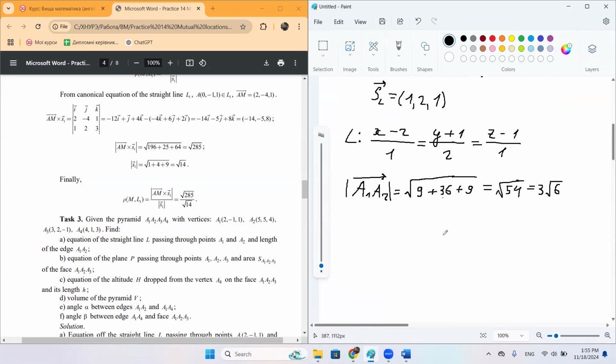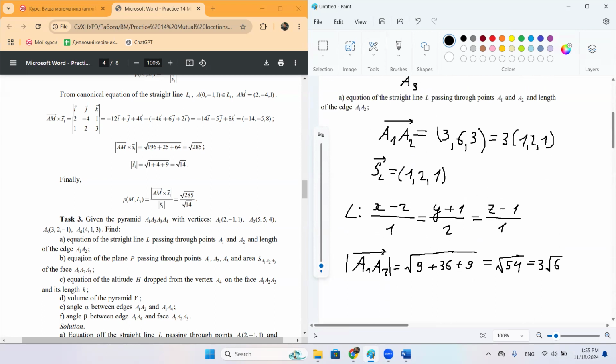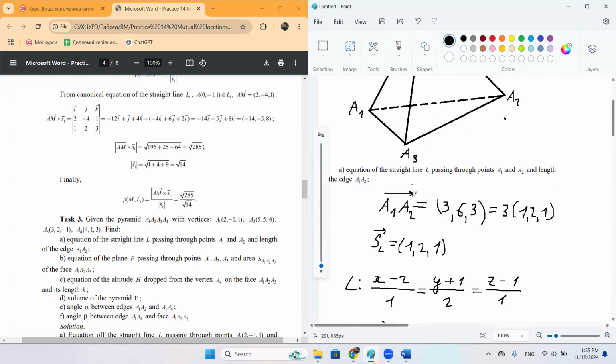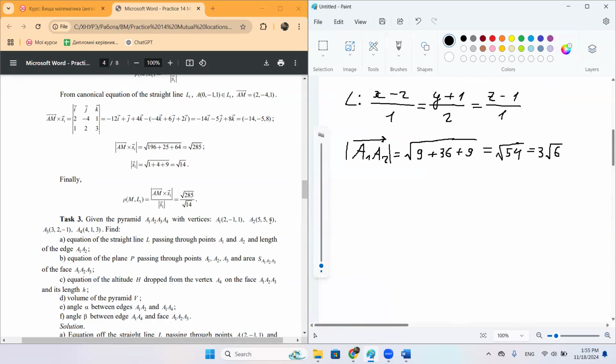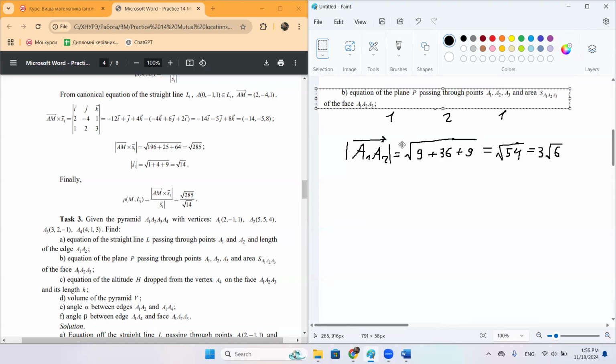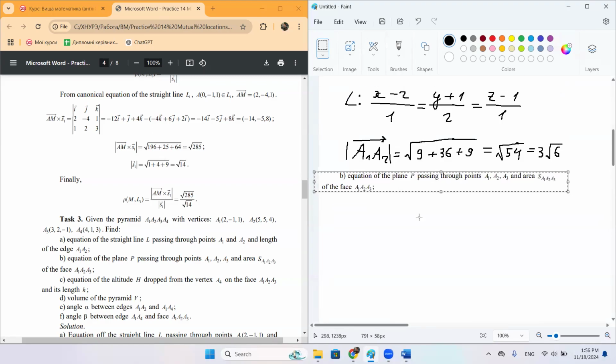Okay, now we need to find the equation of the plane passing through points A1, A2, and A3. So how to write it down? Do we have everything for that? Okay, yeah, we have everything.